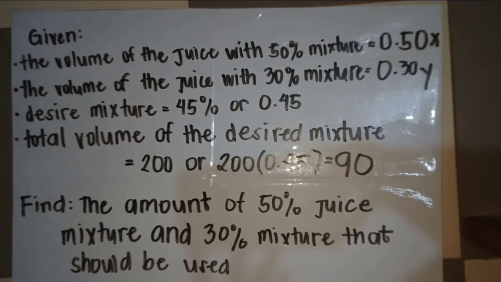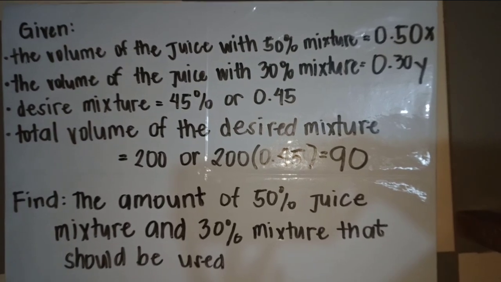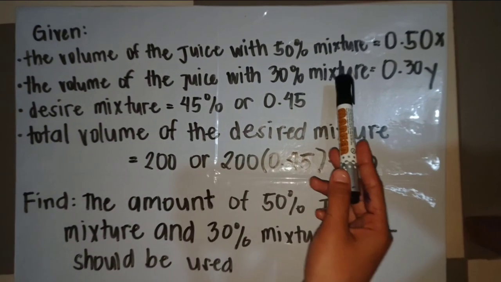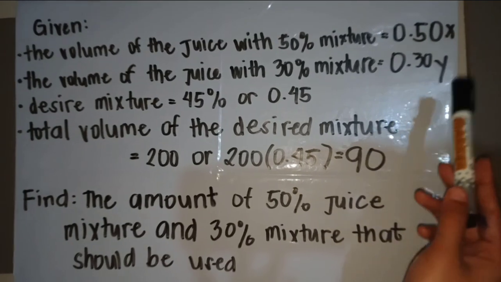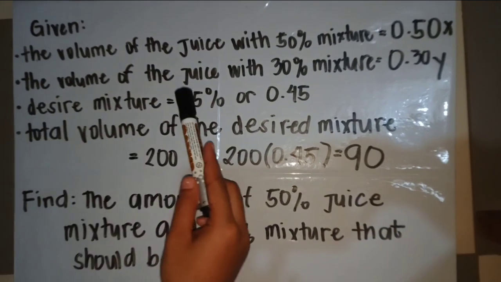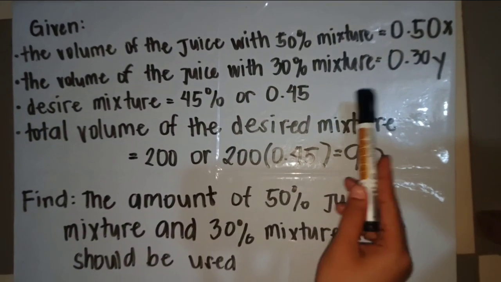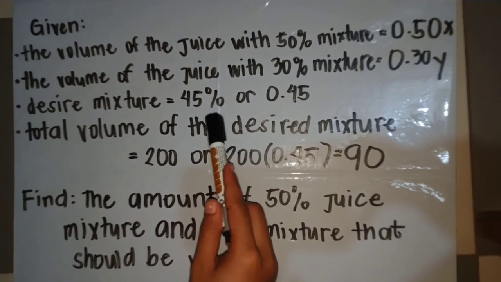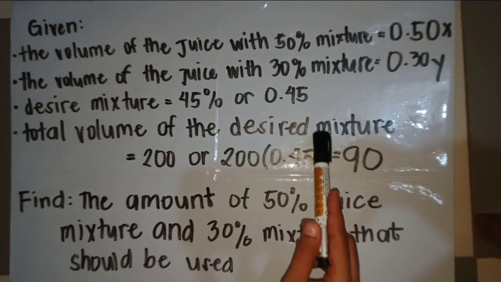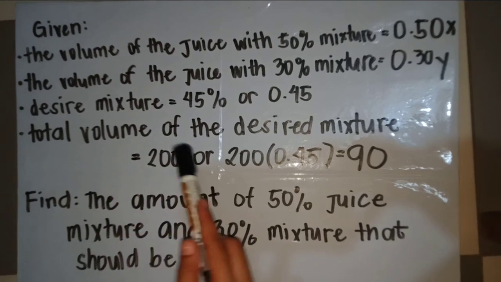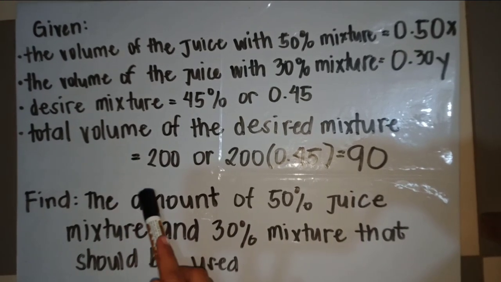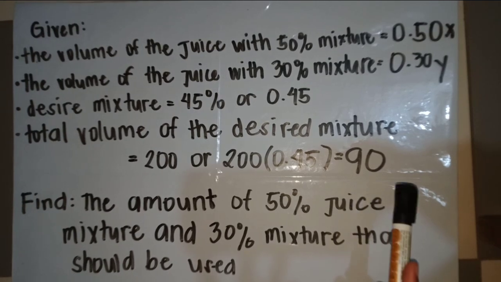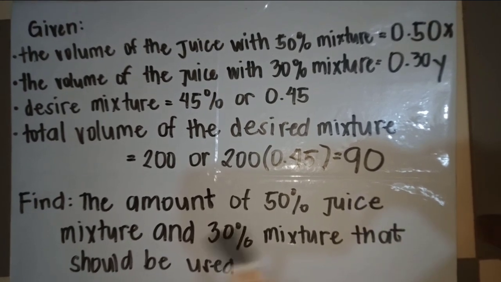So these are the givens based on the problem. The volume of the juice with 50% mixture is 0.50x. The volume of the juice with 30% mixture is 0.30y, and the desired mixture is 45% or 0.45, and the total volume of the desired mixture is 200, or 200 times 0.45 equals 90.